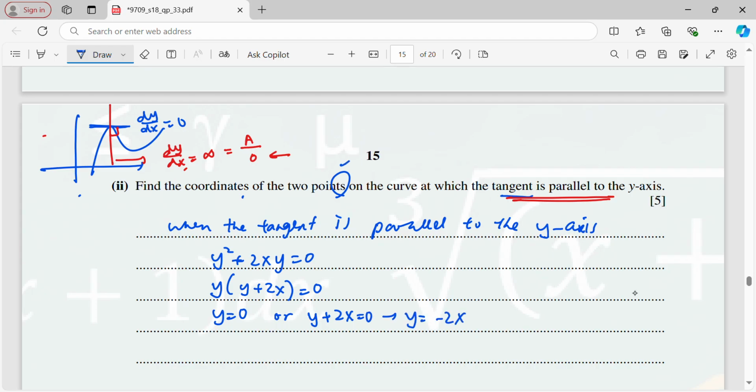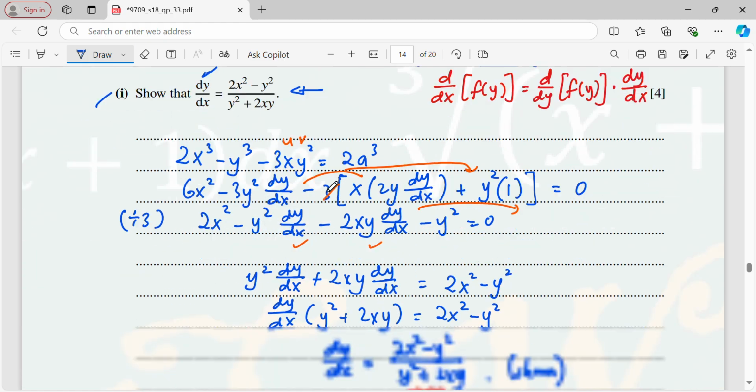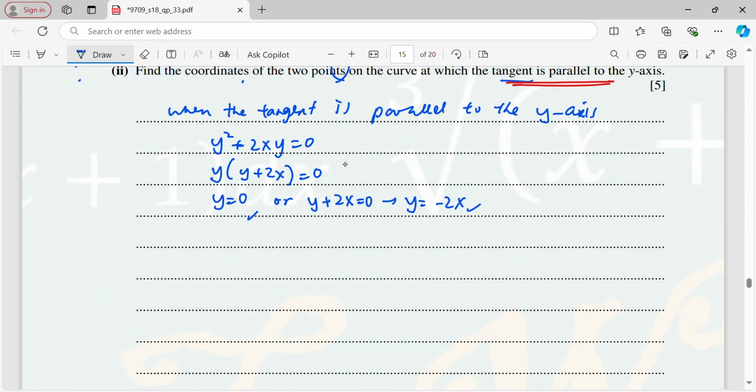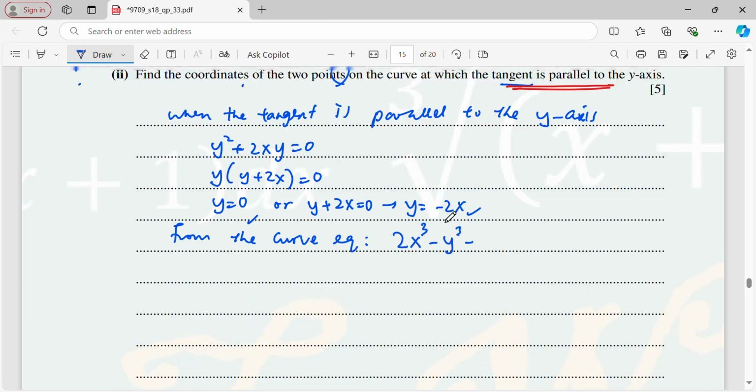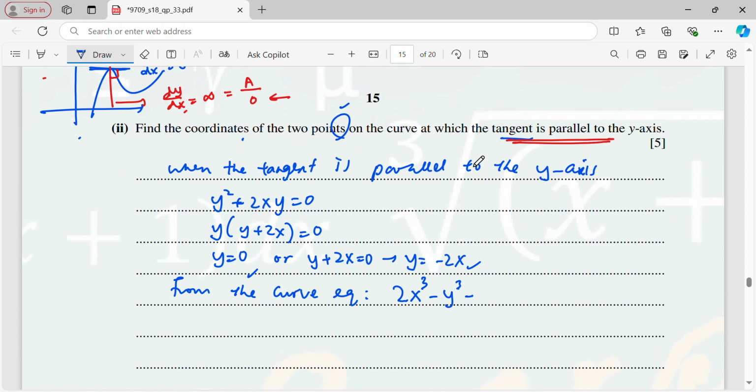And now we need to find the coordinates of the 2 points. I have to substitute these two results, y equals 0 and y equals minus 2x, into the curve equation. So I will copy the curve equation first. From the curve equation, it will be 2x cubed minus y cubed, then minus 3xy squared equals 2a cubed.